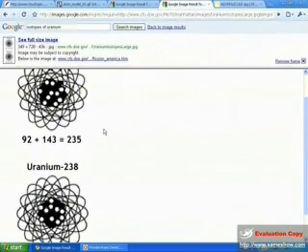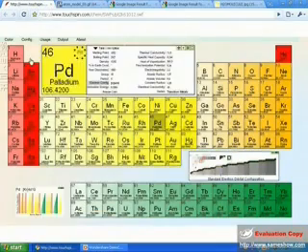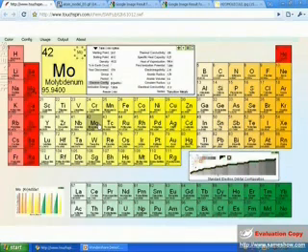Okay, you have uranium-235 and uranium-238. Now, the 235 and the 238 is the atomic weight. Right? On the periodic table, you find the atomic weight, at least in this periodic table, in the lower left-hand, the bottom left-hand corner. Alright?